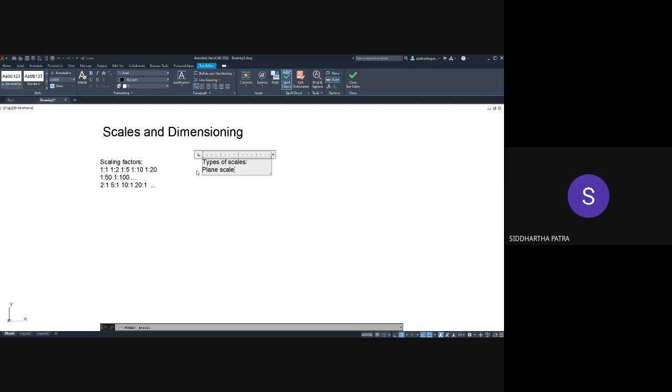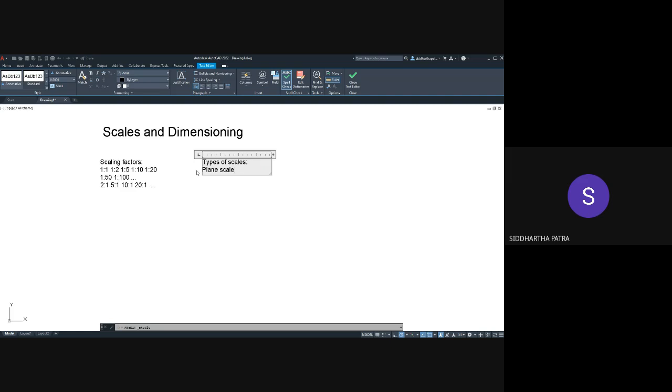So 1 meter is represented by 2 centimeters. Now how much is 2 meters represented with? That would be 4 centimeters. But if I have to draw 50 centimeters, that would be represented by 1 centimeter. That's why the scale is 1 is to 50.